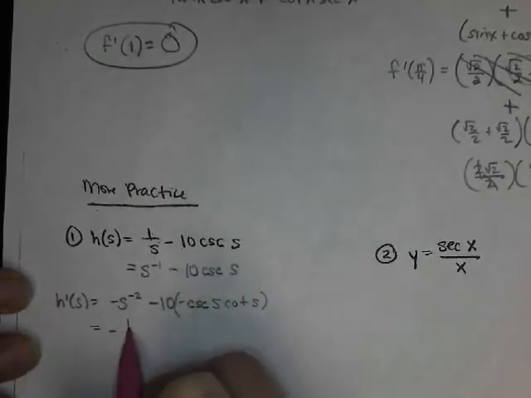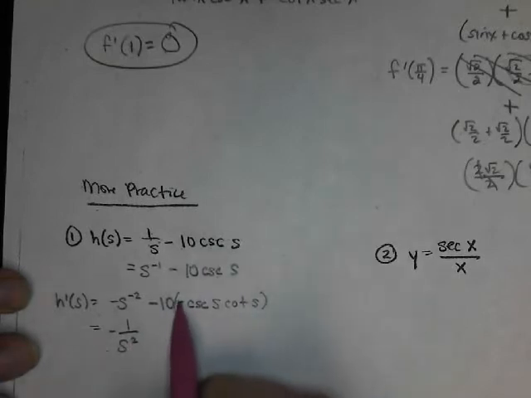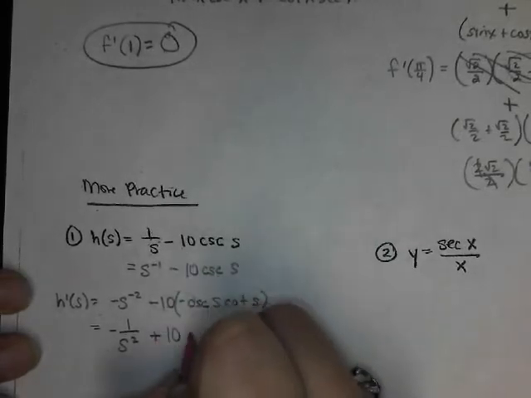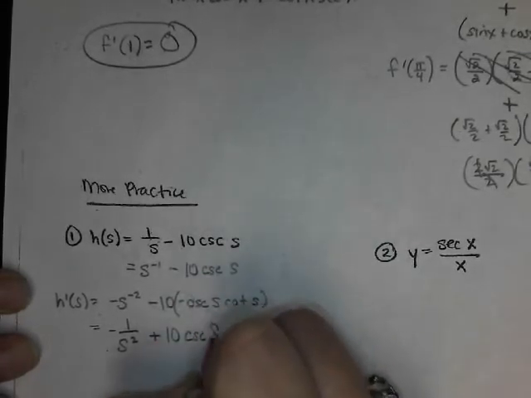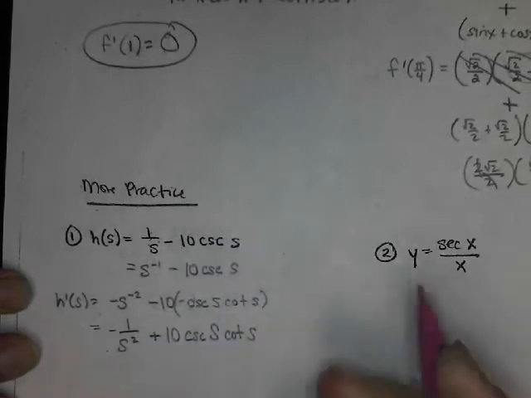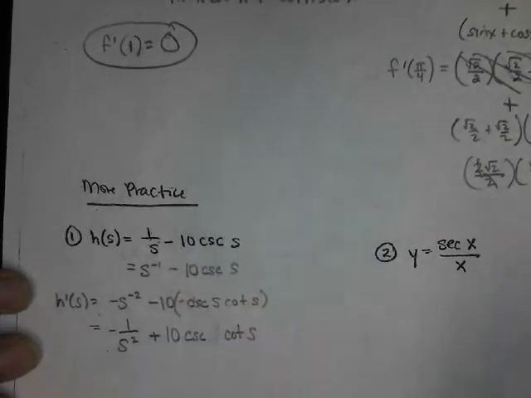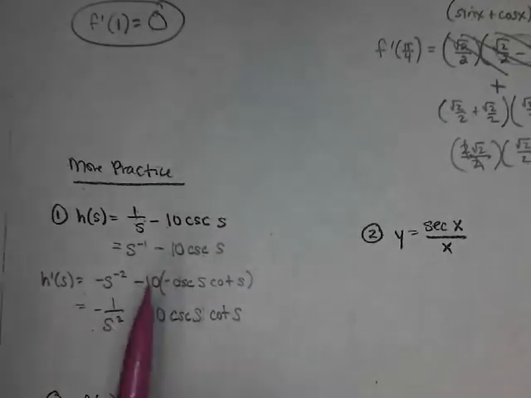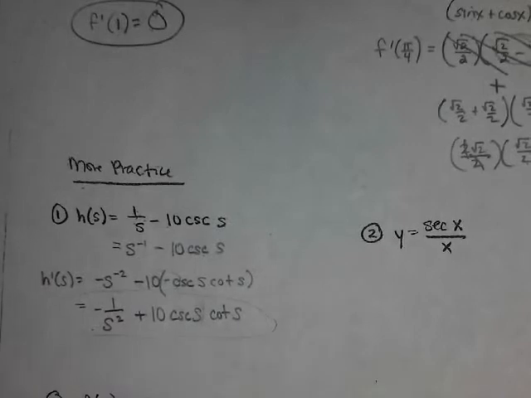So this will be negative 1 over s squared. And this, when I multiply negative 10 times the negative cosecant cotangent, is going to be a positive 10 cosecant s cotangent s. I hate when they use s's, but they're not unavoidable. So there's our answer there.